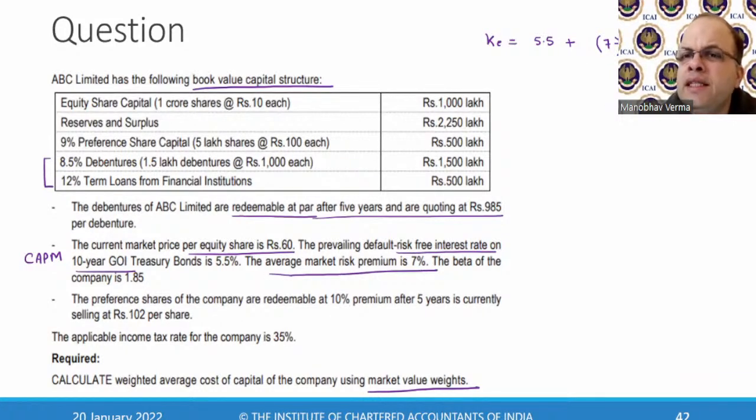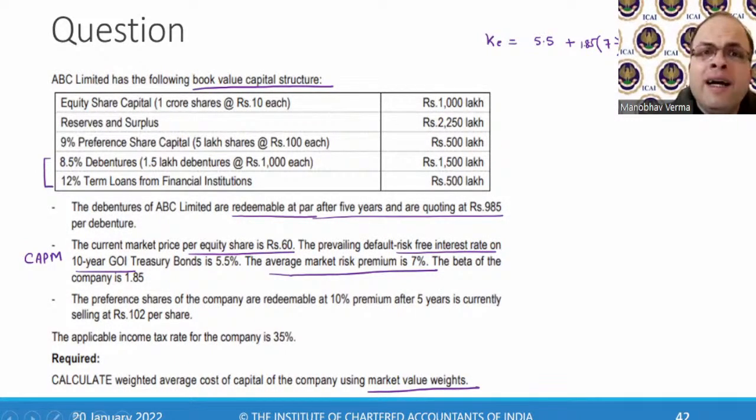So that means we don't multiply it by your beta, which is 1.85. They've already given us market risk premium, not the market rate.